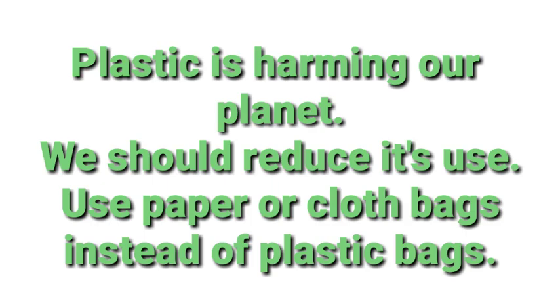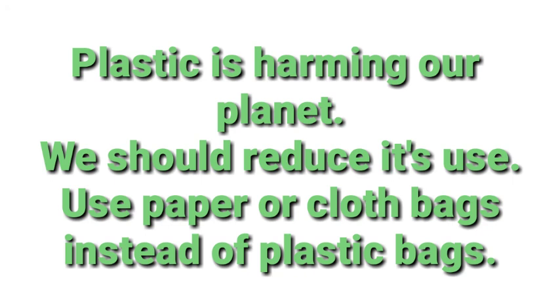Okay. Now we have to see save the earth. Now the human brain is developed and we have made many things. In that we have made plastic, and this plastic is very harmful to our planet. We should reduce its use. Instead of that we can use paper or cloth bags.